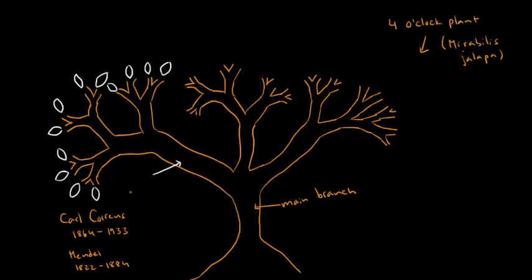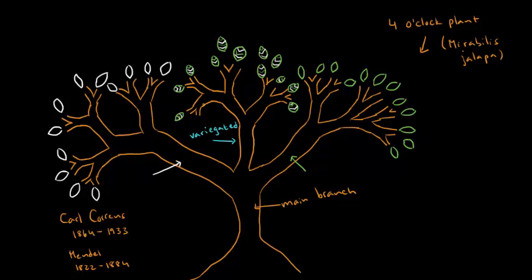So there are our white leaves. And we're going to say that any leaves that come off of this branch are going to be green. So those are our green leaves. And then the leaves that come off of this branch are variegated. And that means that they have a pattern of green and white mixed. So there are our variegated leaves.